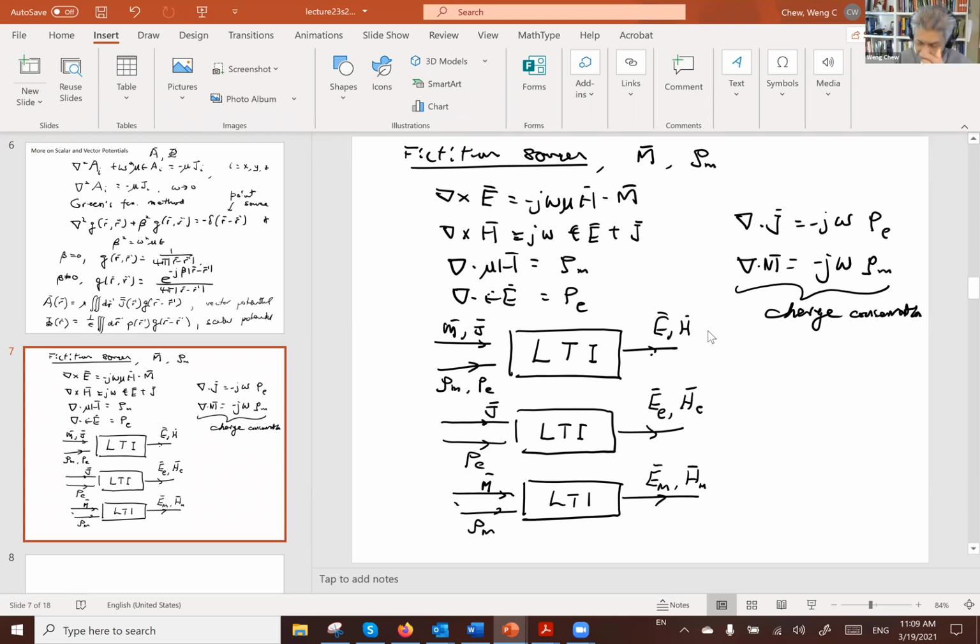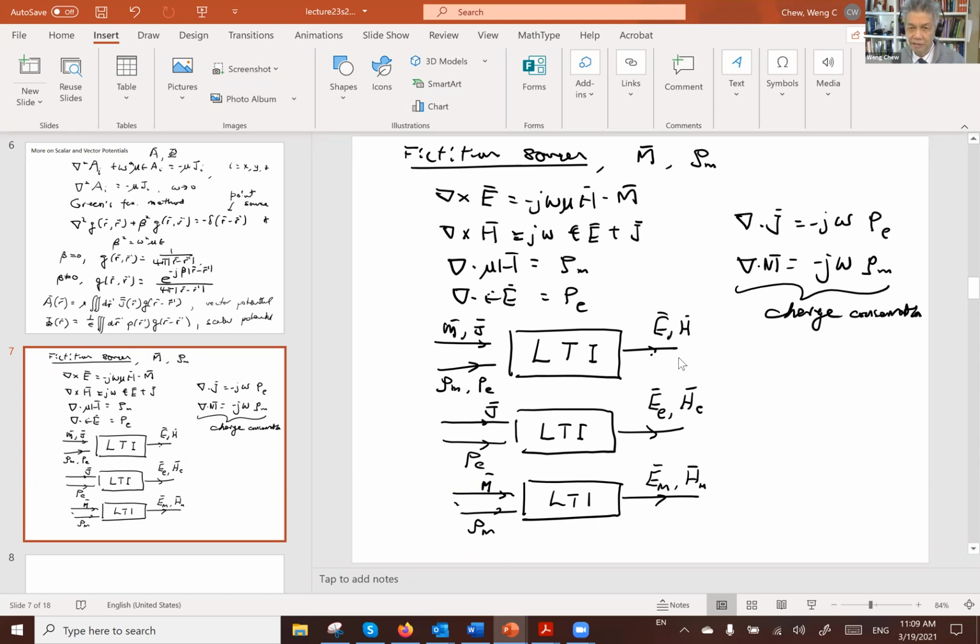Now, if you are dealing with a linear system, and you know how to solve the second case and the third case, you will use the principle of linear superposition to find the solution to the first case, using the property of a linear time invariant system. I'm sure that as an electrical engineer, you have studied this before.